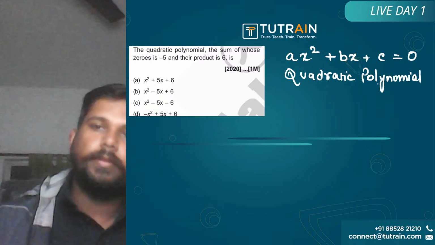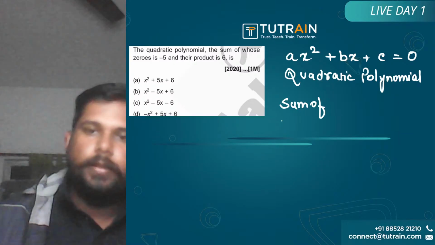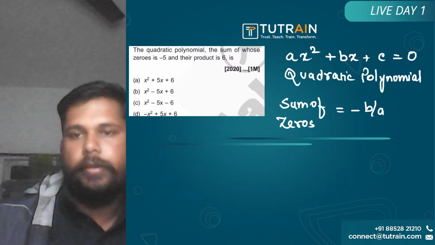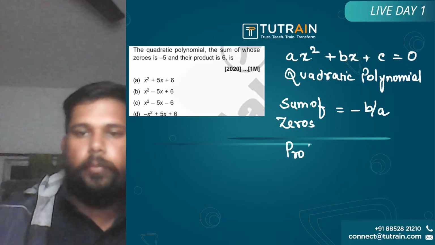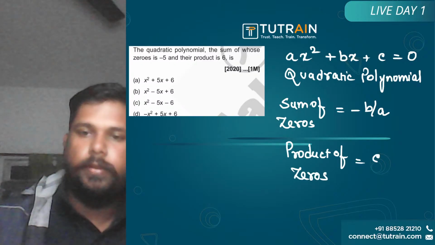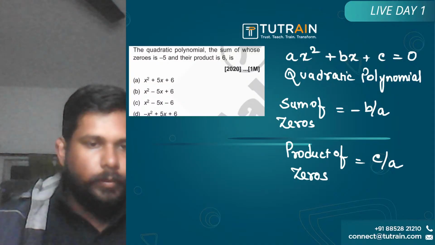For this we know the sum of zeros is equal to minus b by a, and the product of zeros is c by a, right?